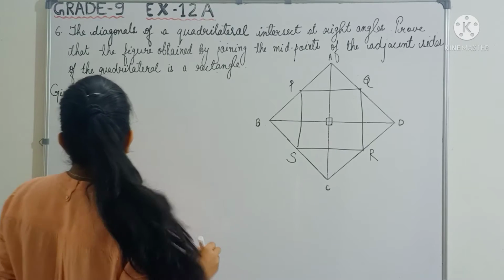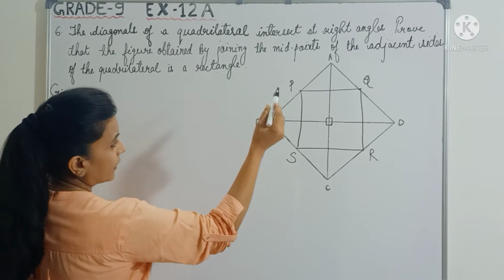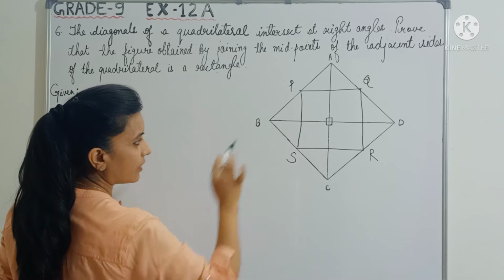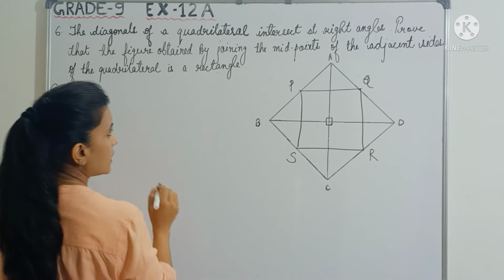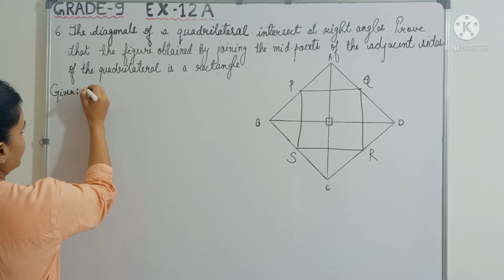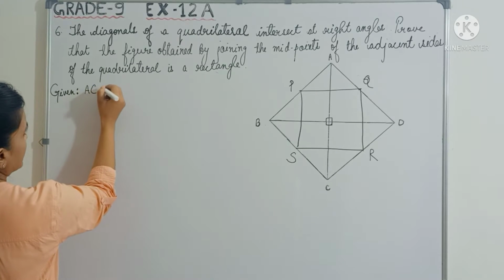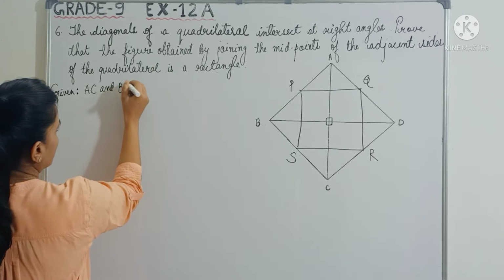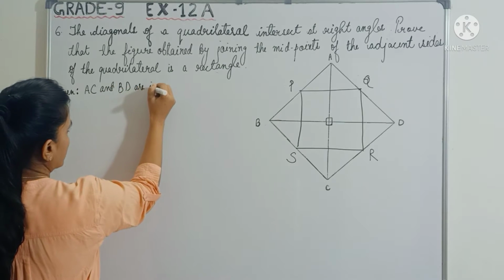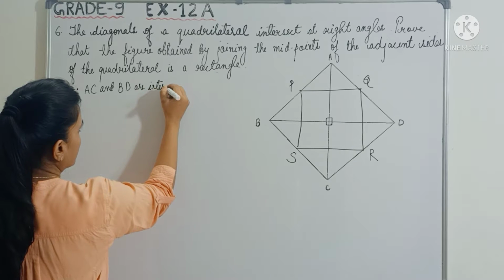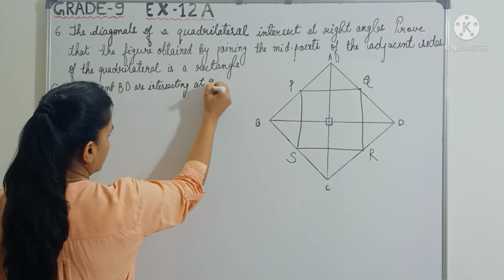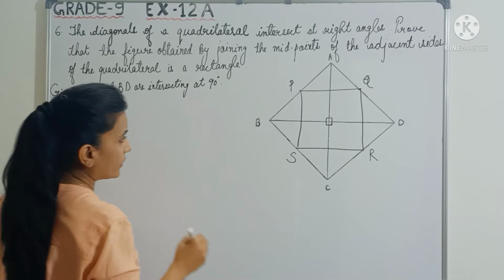So let's write down what is given. Here ABCD is a quadrilateral whose diagonals are intersecting at right angles. So we can say that AC and BD are intersecting at 90 degrees. What else is given?